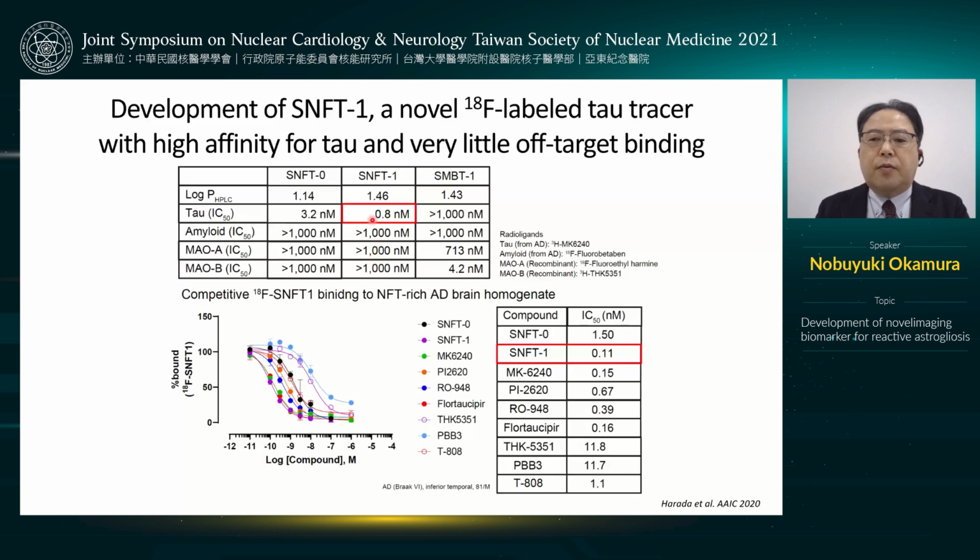The IC50 value of SNFT1 for tau is 0.8 nanomolar. And a competitive binding assay suggests greater binding affinity of SNFT1 for tau than the other currently available tau tracers.